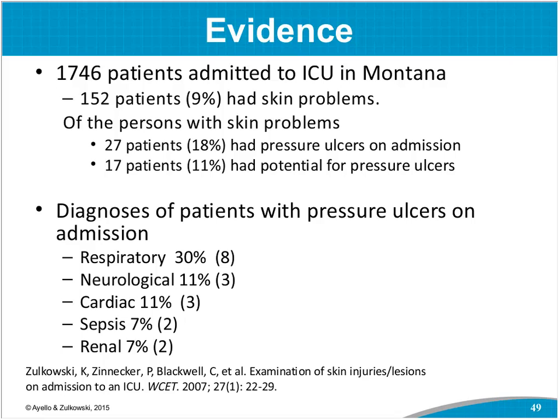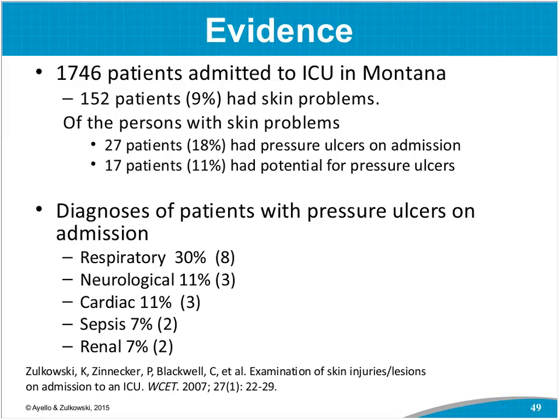Okay, thank you. A number of years ago, I was working with an ICU at Billings Clinic, and we were looking at people that came in and what was happening in terms of skin assessments and then what they truly had. So in the study period, there were 1,746 patients admitted to the ICU. And of those, 152 patients, or 9% of them, had some skin problems. And what the admitting nurse did was just simply checked on a form that, yes, there were problems. And then we went back and actually looked at the patients themselves and determined exactly what it was.